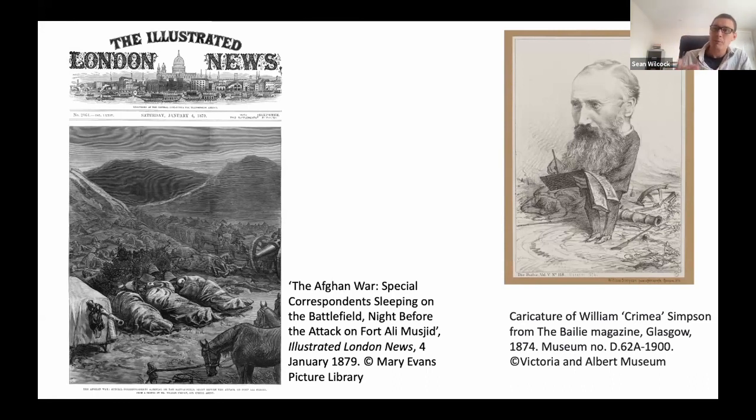But at the same time, the people who were actually in those campaigns were watching these artists work. They were watching them create the sketches, and they were also participating in that artistic production. They would pose for them from time to time, and things such as that.